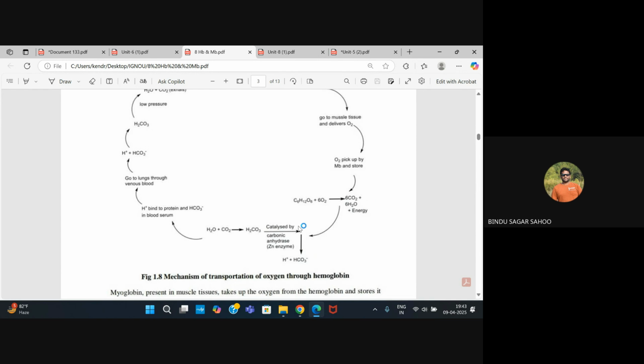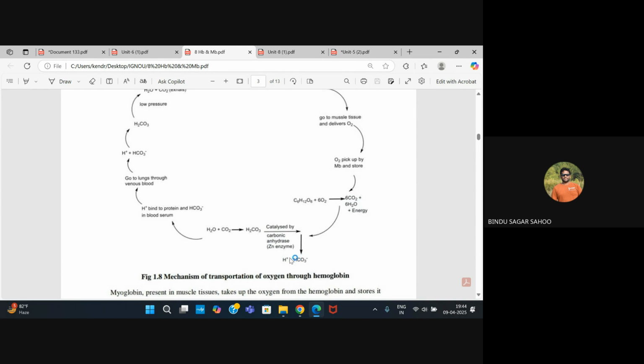That means hemoglobin can easily pick up oxygen, but in the presence of carbon dioxide, its binding tendency with hemoglobin will be much better, because carbon dioxide is a stronger ligand. So our body is designed such that carbon dioxide cannot remain isolated. It suddenly gets converted to H plus and HCO3 minus ions.